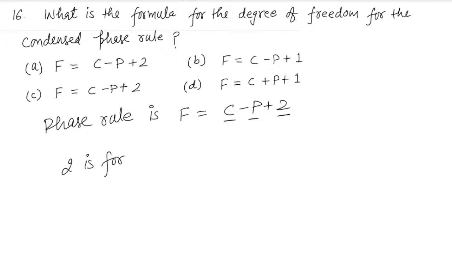Because you know degree of freedom means number of independent variables which we have to specify to define the system completely. So this 2 is for what? Number of components minus number of phases plus 2 is for what? Which variables are this 2?